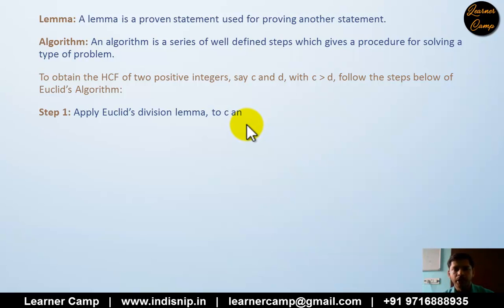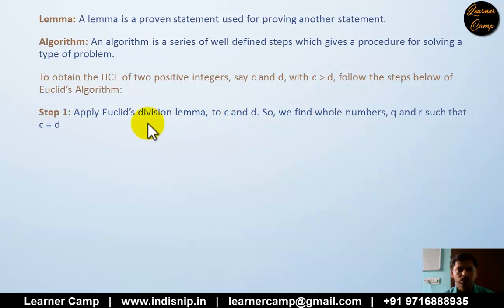So to find the HCF of two integers, we use Euclid's algorithm. Euclid's algorithm has many steps. Step number 1 is to apply Euclid's division lemma to c and d to find the HCF of c and d.